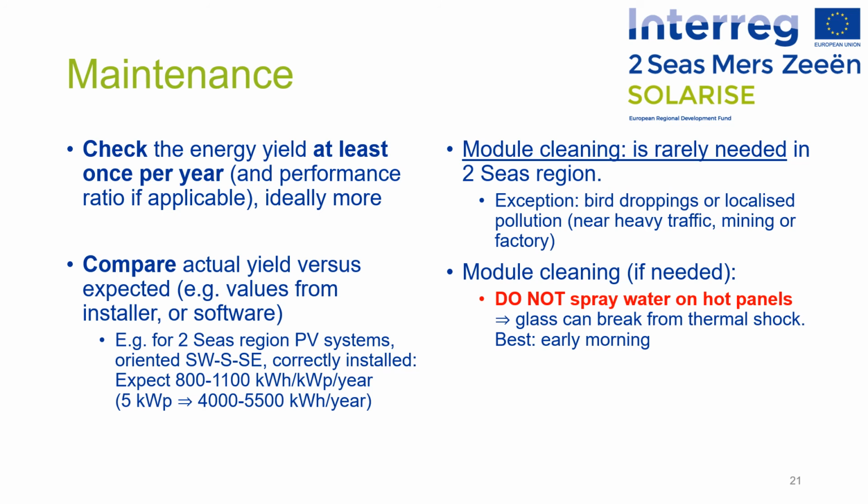So in those cases, it's best to clean modules early in the morning. And you need to avoid using hard water or water that contains many minerals, and you need to ensure that you remove the excess from those modules so that the water does not pool or stay on the module.